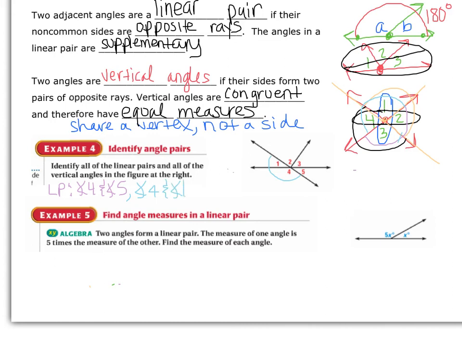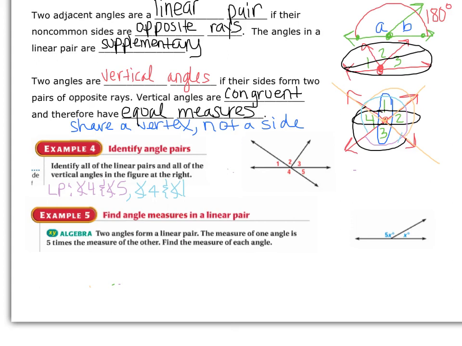Now it also asks us to find any vertical angles. So vertical angles have to be exactly opposite one another, and they have to share a vertex and not share any sides in common. So if we just start at angle 1 here and say, okay, if I go straight opposite from it, across from it, through the vertex, is there another angle that matches it exactly?